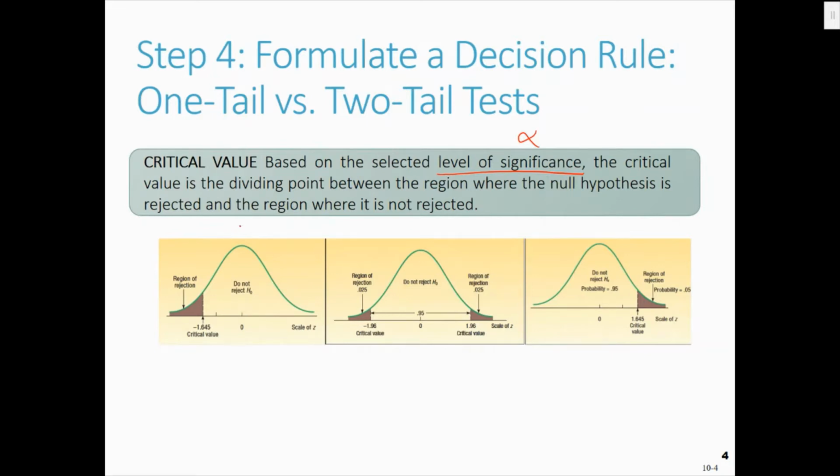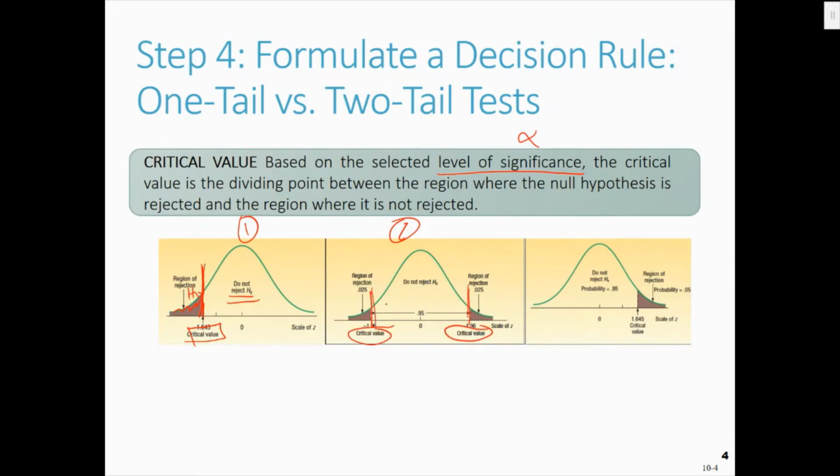So now, just quickly here to see it, you have the one case where you're testing the lower tail. And this lower tail is divided into 2 by the critical value. Critical value is this one line that separates the do not reject H0 from the reject H0 region. Now, in this middle case, you have 2 lines here. We have 2 critical values.